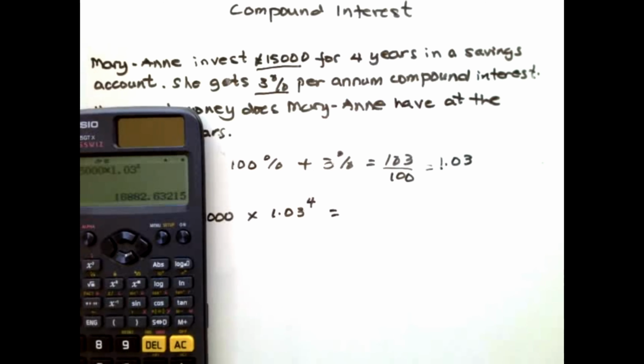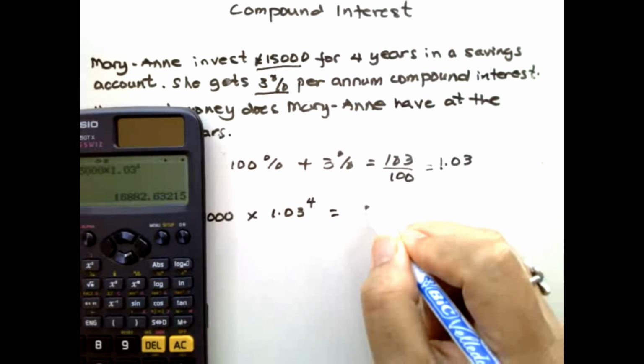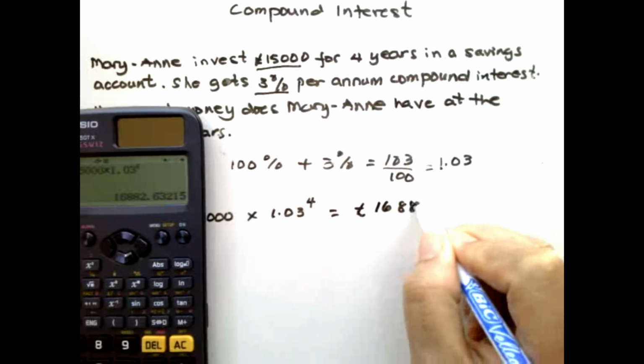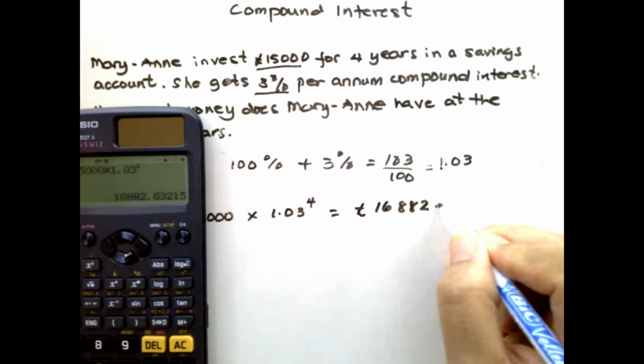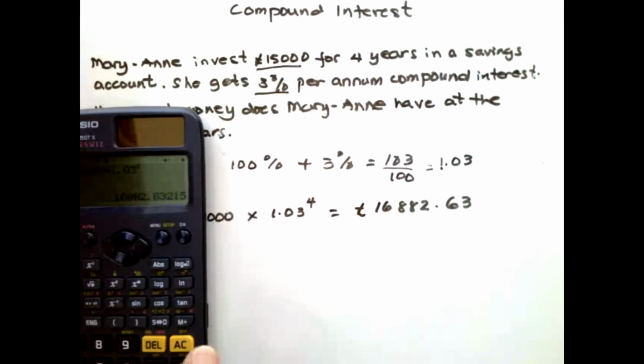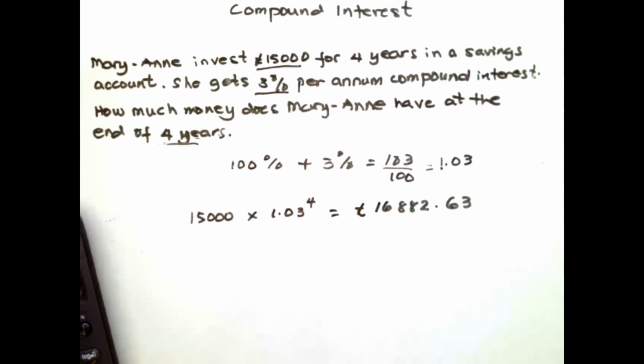Rounding to 2 decimal places, we have 16,882 pounds and 63 pence. Make sure that money is always given to 2 decimal places. So that is the answer. This is the total amount after 4 years, the interest plus the initial value.